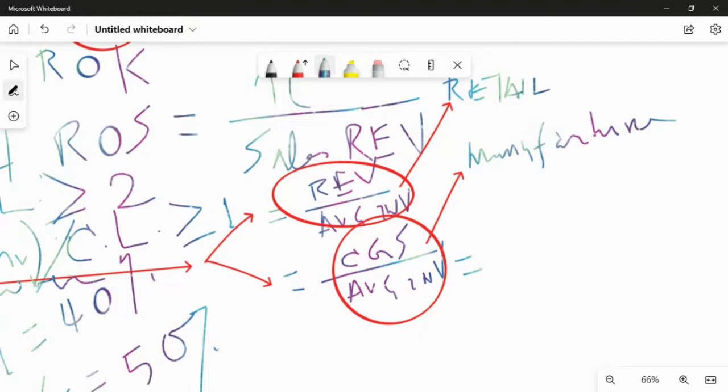Average inventory is basically the beginning inventory plus ending inventory, divided by 2.